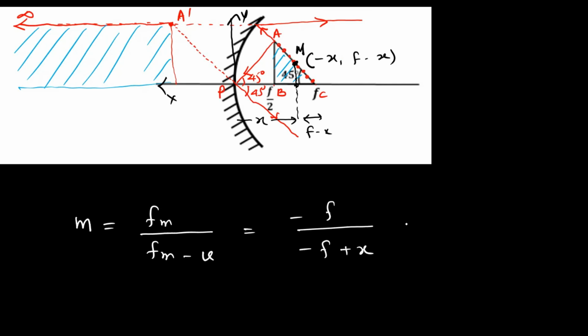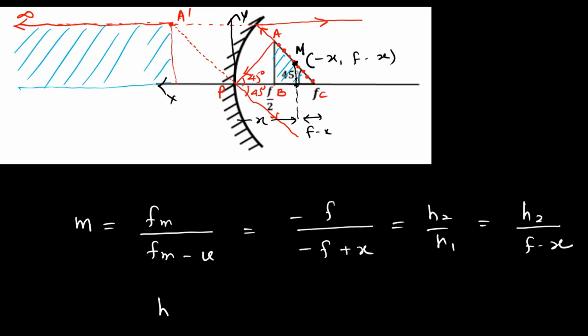And we know that m is equal to h2 by h1, where h2 is the y coordinate of the image and h1 is the y coordinate of the object. The y coordinate of the object h1 is f minus x. Simplifying, you will get h2 equal to f.